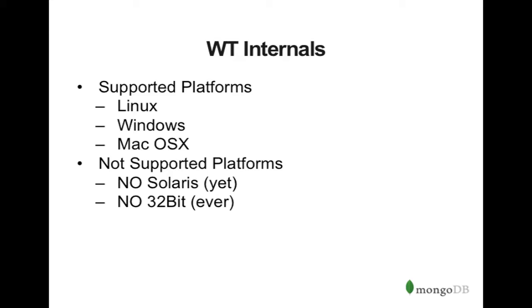And WiredTiger, in fact, does not work on 32-bit systems. Another change is that MongoDB 3.0 is not supported on Solaris, whereas previous versions have been. There's work being done, and we're looking into the viability of porting it to Solaris such that it can be supported, but at this time, as of this release, we do not intend to be able to support Solaris.